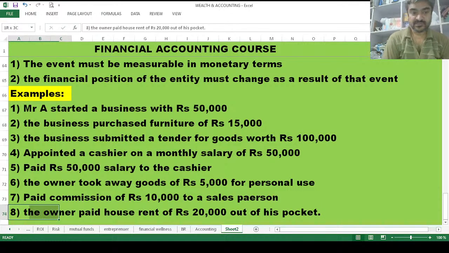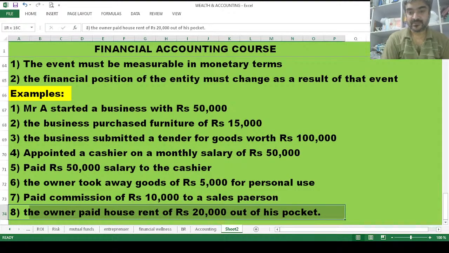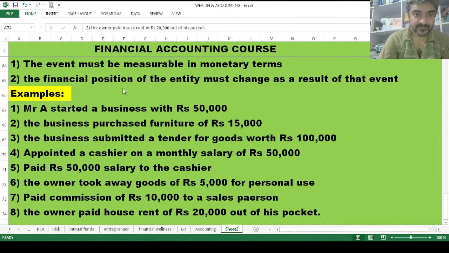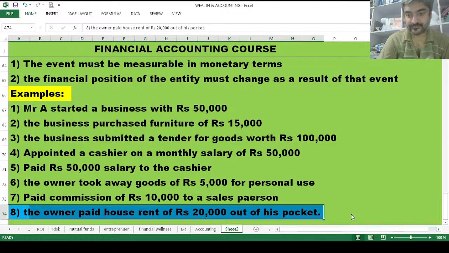Now this is the question of today's lecture for you to decide whether it is a financial transaction or not. You need to write the answer in the comment section. I am going to highlight it here with this blue color.